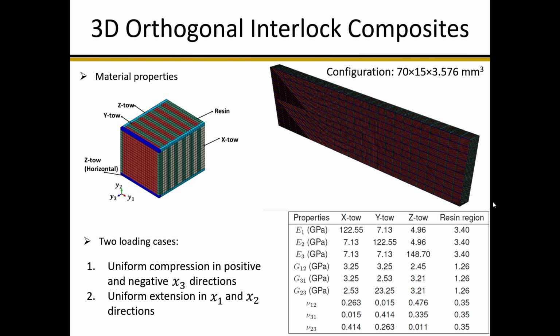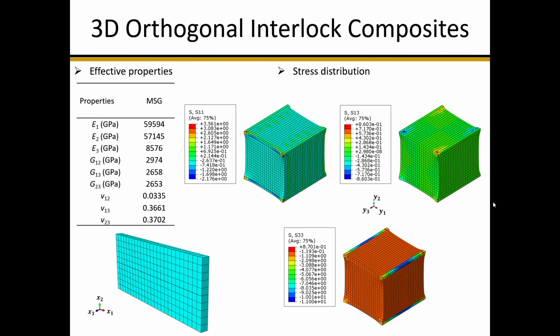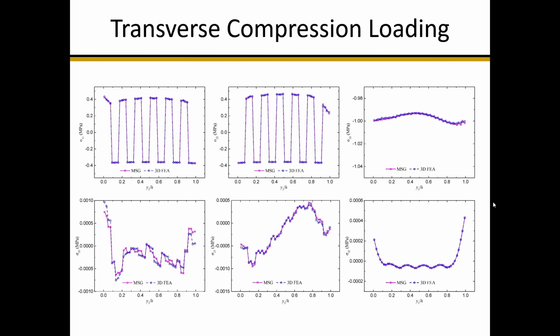There are many examples I could have given, but you can see the complexity of this kind of structure. This, for example, is a 3D orthogonal interlocked composite, and the results are essentially identical with what you get with 3D.